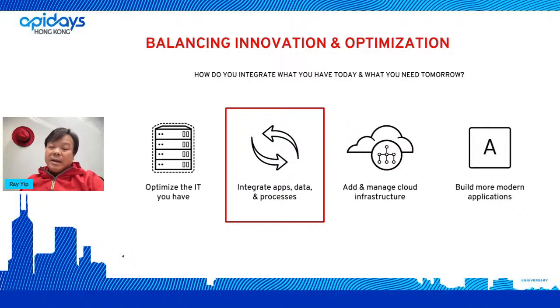The second is to integrate the old and new system resources and practice. The third is delivering cloud infrastructure and cloud services, and building modern apps and solutions that will take you further. Today, I will focus more on the second one, the integration of application and data across both forms of infrastructure and resources.